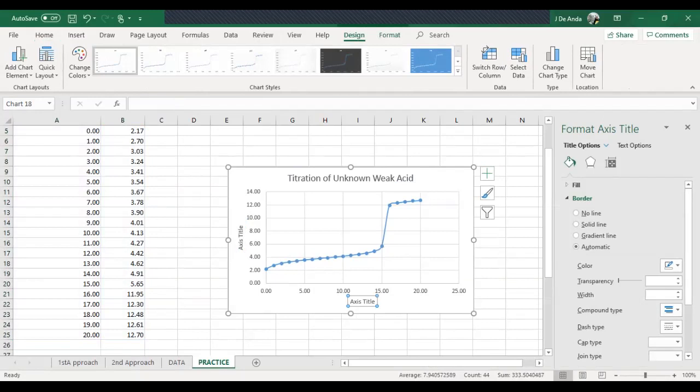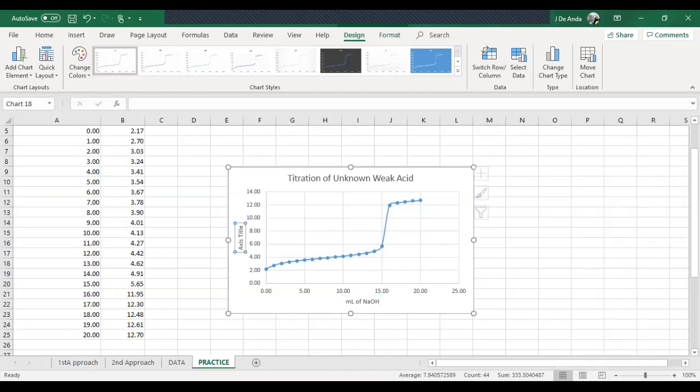The x-axis, of course, is gonna be the milliliters of NaOH. Our other axis title is going to be the pH.